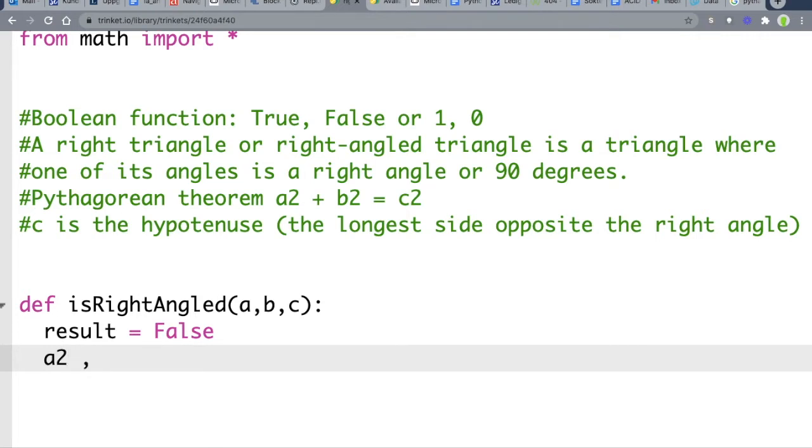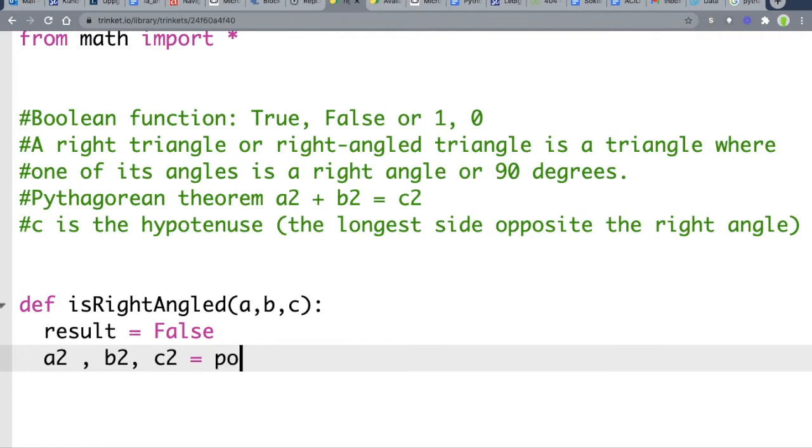So we define three variables, a squared, b squared and c squared, and the squares of all these three parameters will be saved in them, with c squared as c2.